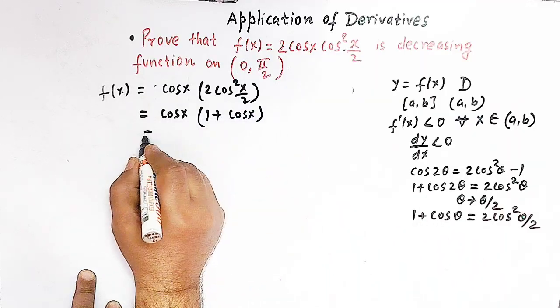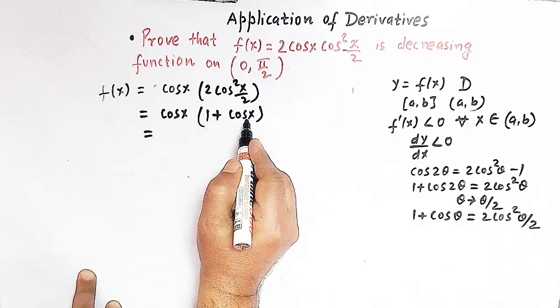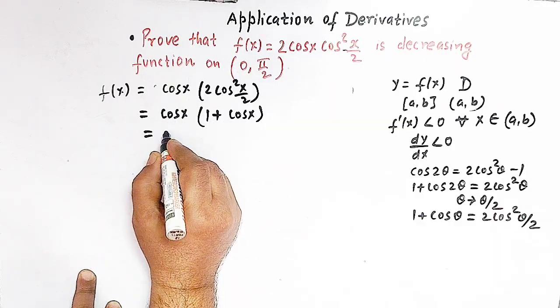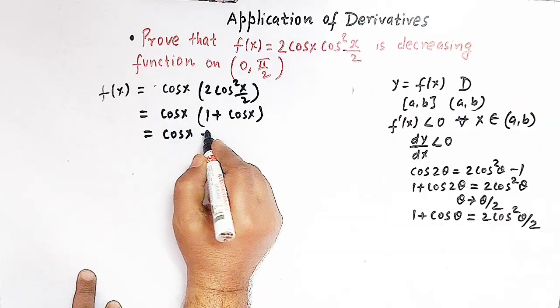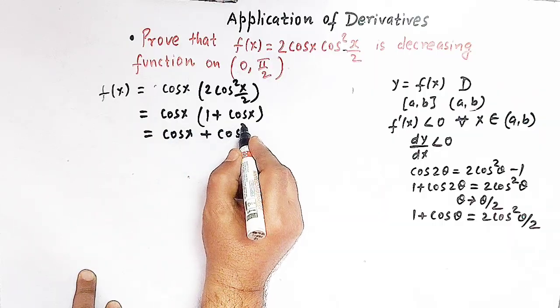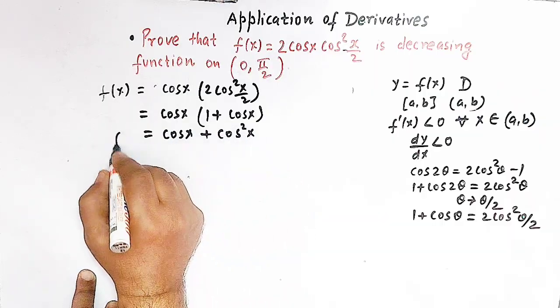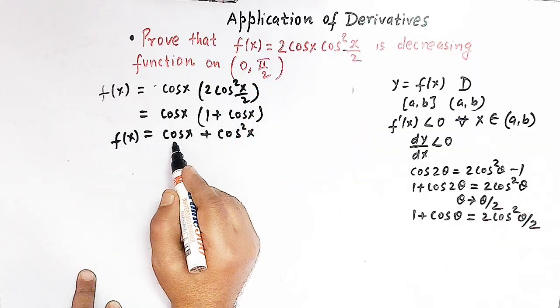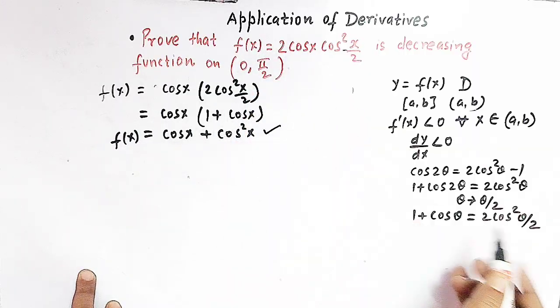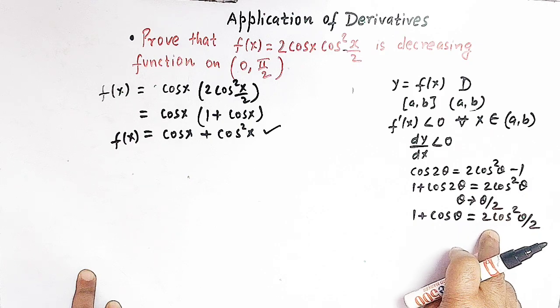And now if we multiply 1 plus cos x with cos x, then we have cosine x times 1 is cosine x, then we have here cos square x. So now our function f of x can be written like this using this identity, right?